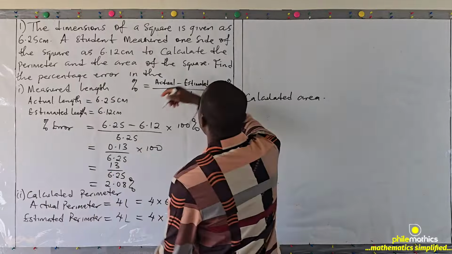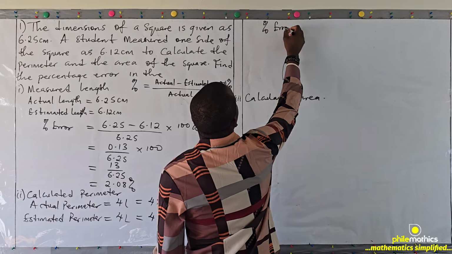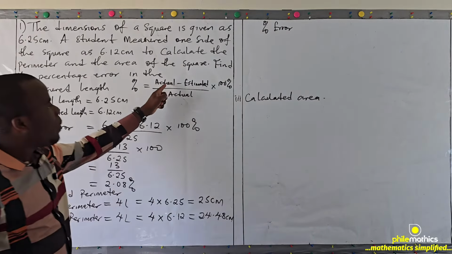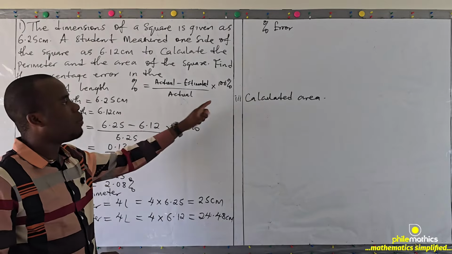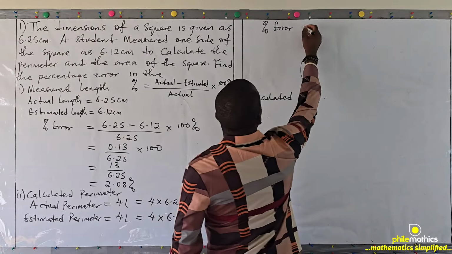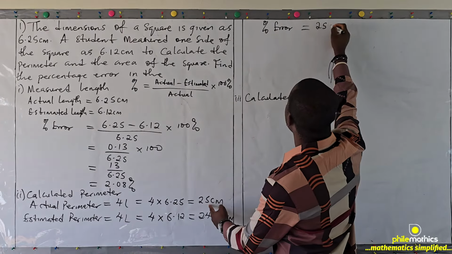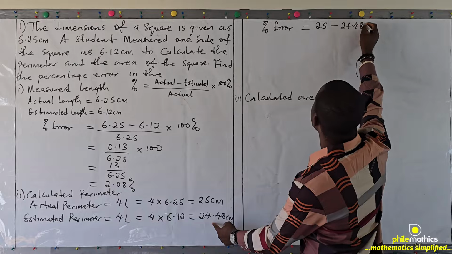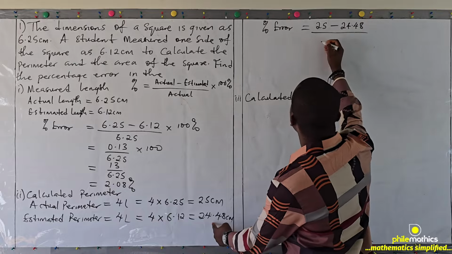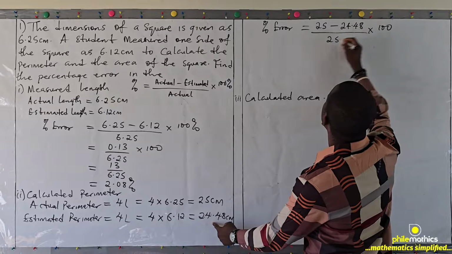So using the same formula, for percentage error we use the actual perimeter minus the estimated perimeter over the actual perimeter times 100%. And so the actual perimeter is 25, the estimated is 24.48 over the actual 25 times 100%.